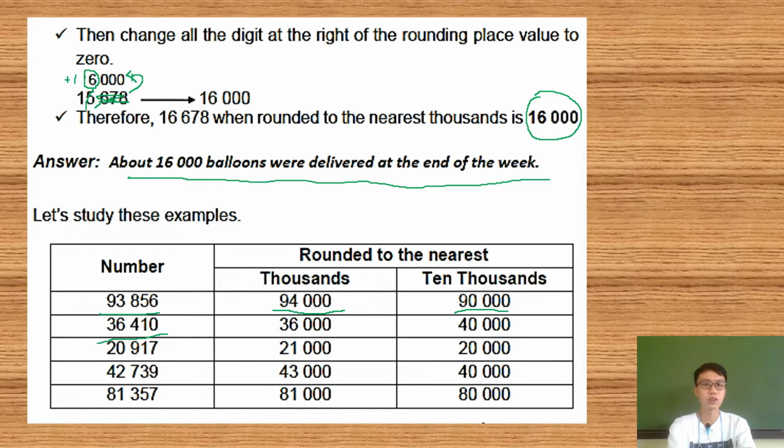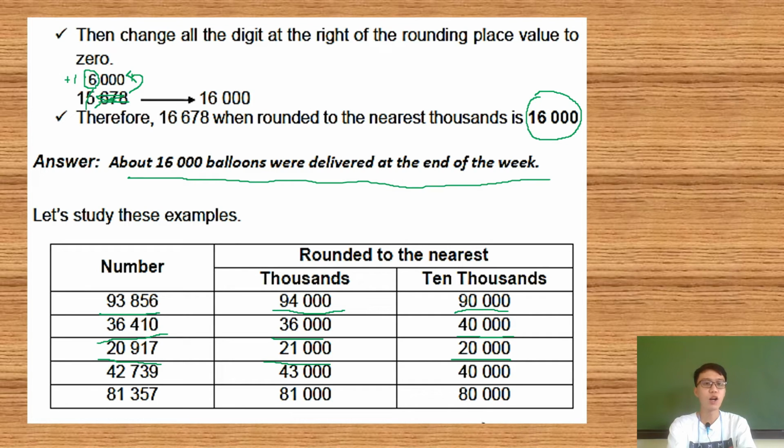When rounded to the nearest thousands, 36,000. When rounded to 10,000s, 40,000. Next is 20,917. When rounded to the nearest thousands, 21,000. And when rounded to the nearest 10,000s, the answer is 20,000.